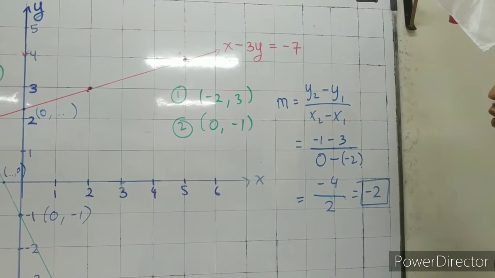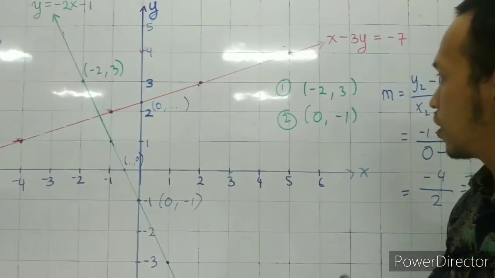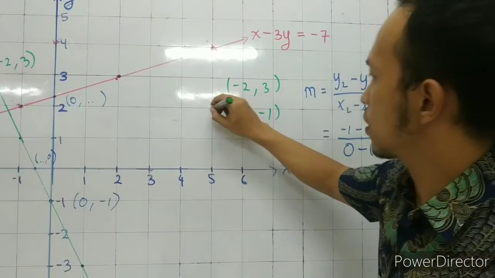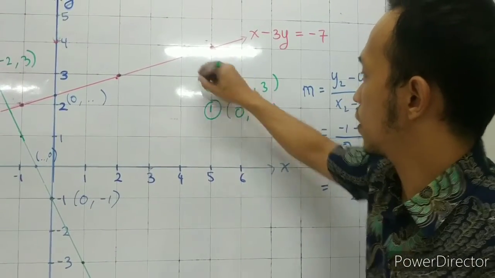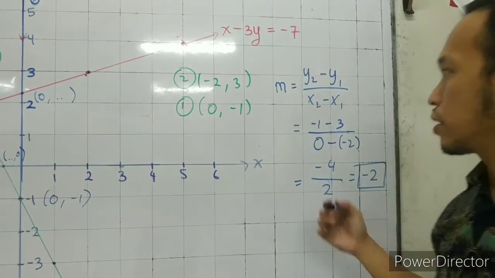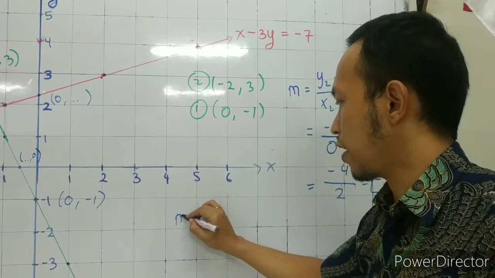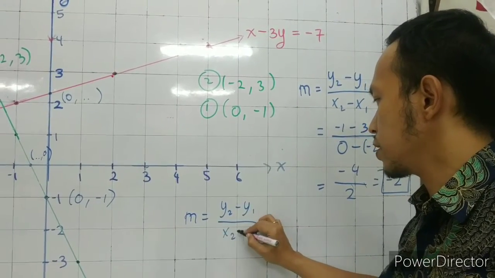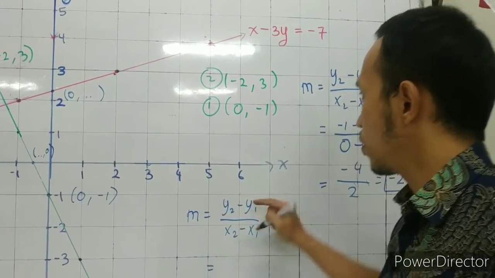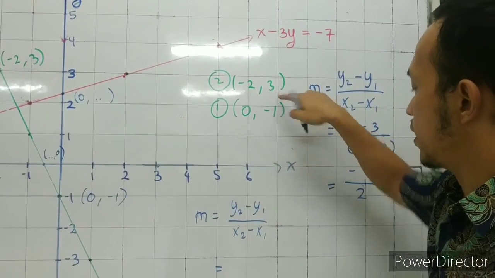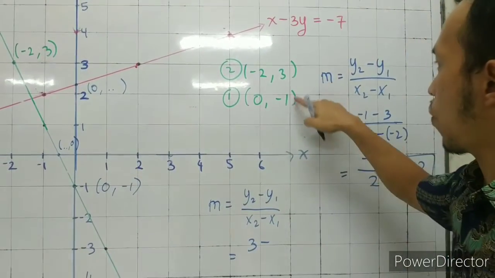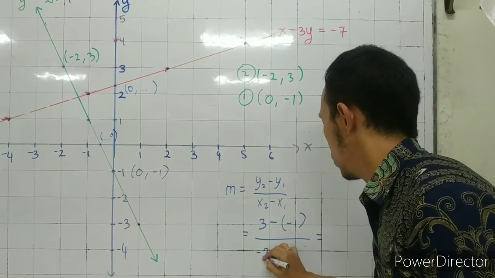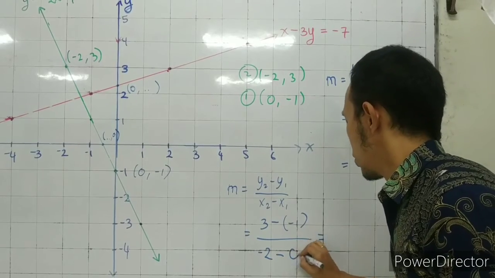Or I can give you another example. If I want to do the opposite, with this as the first one and this as the second one, it will be consistently the same. Let me write here: y2 minus y1, which is -1 minus 3, over negative 2 minus 0.